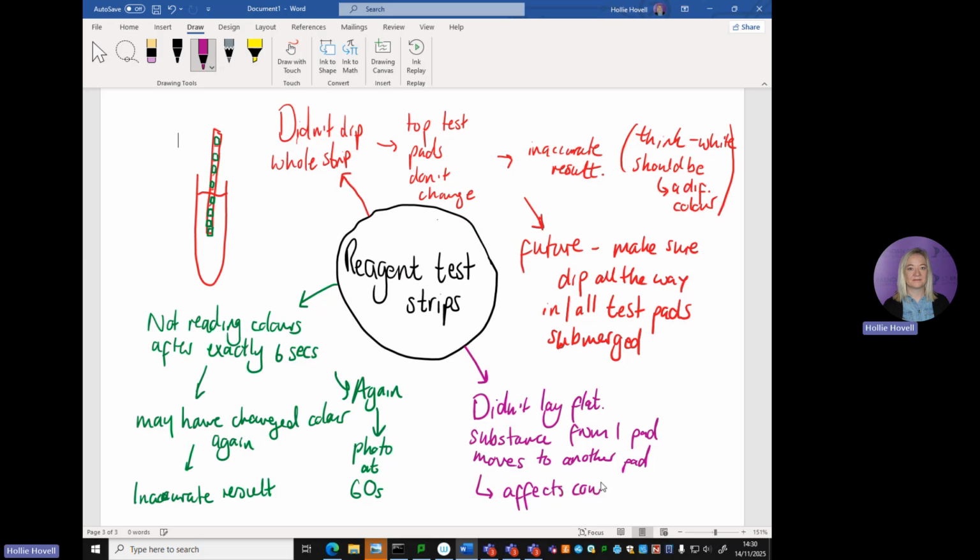So you get, obviously, your inaccurate result again. What could we do about that? Well, we lay it flat. So if we did it again, I would lay it flat. Yeah, so hopefully this starts to give you an idea of what this section is about.